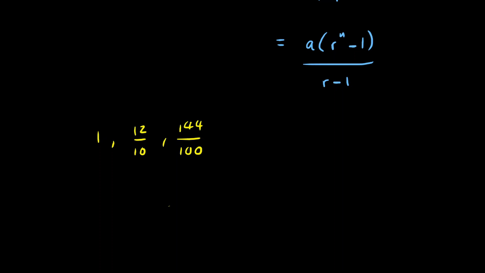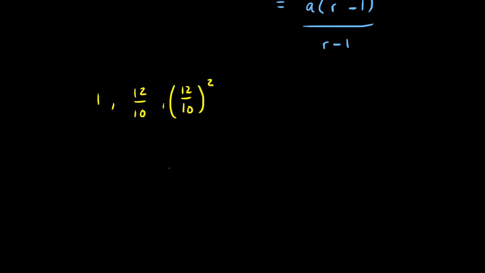Hopefully you can recognize that 144 is 12 squared and 100 is 10 squared. So actually we can rewrite this as 12 upon 10 all squared. Now, of course, you could use a calculator to find the common ratio, but I think it's quite neat to be able to do that because if we look at that, we can straight away tell the first term is 1 and the common ratio is 12 upon 10.